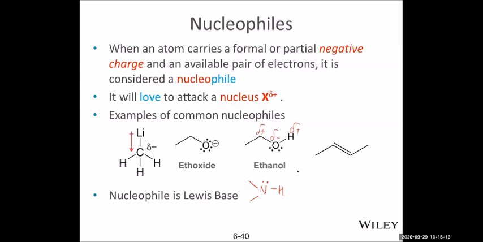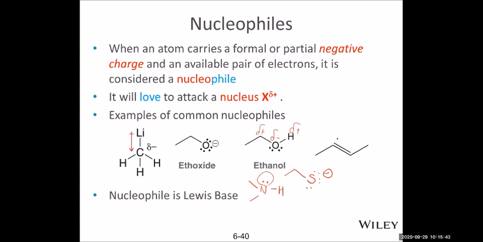Because any kind of amine has a lone pair on nitrogen, that makes it a very good nucleophile. And then the sulfide ion, a structure with sulfur, also has a negative charge, so that's a very good nucleophile as well, with those lone pairs. The alkene can be a nucleophile because the pi electrons in the double bond are high energy electrons, so they are very mobile.